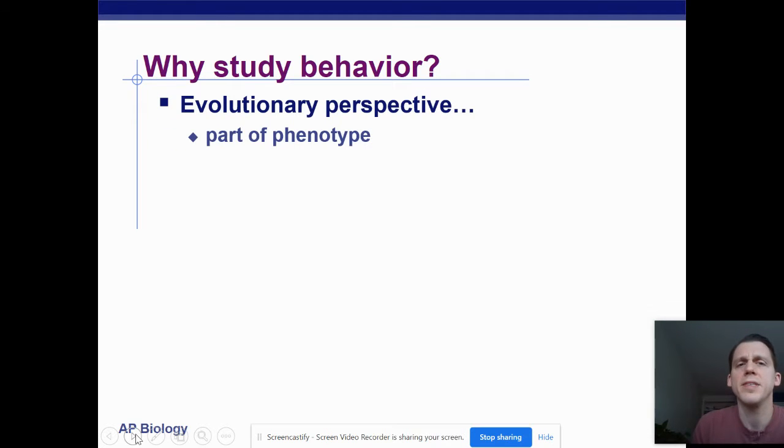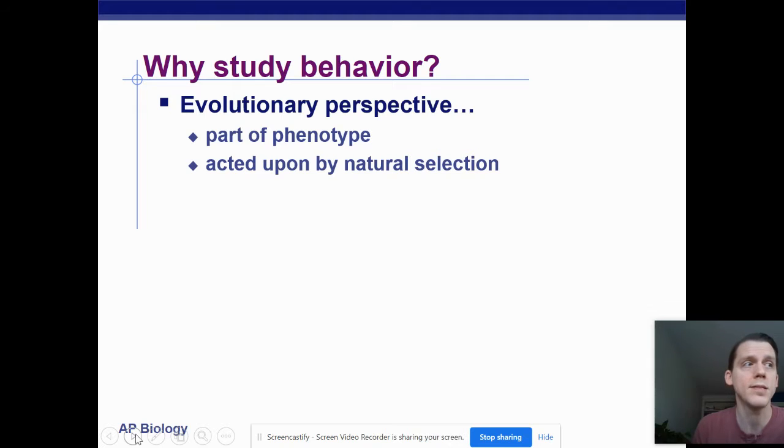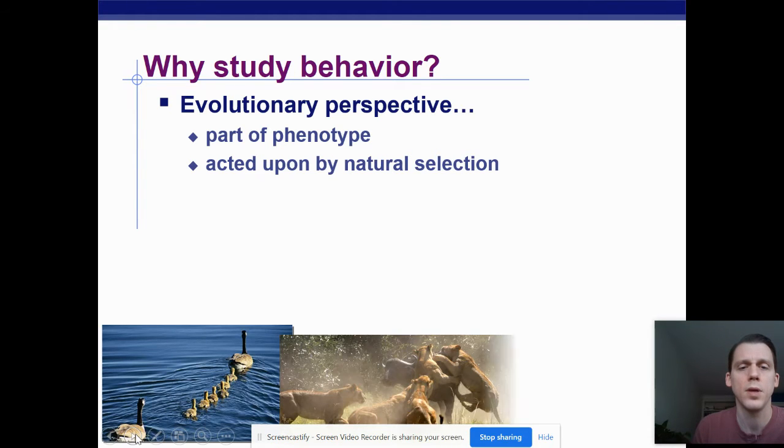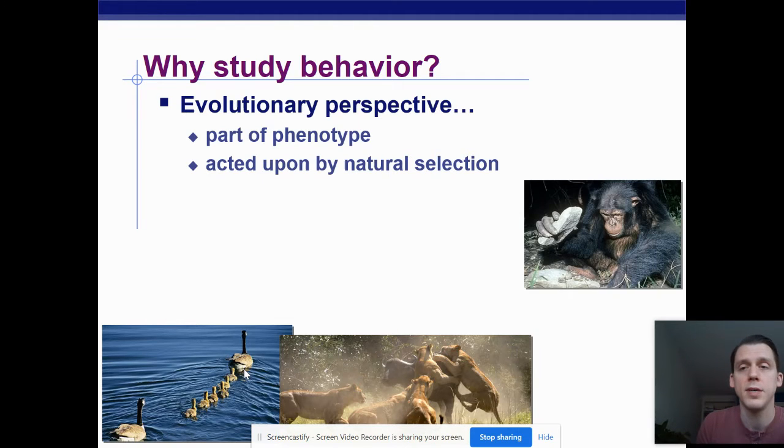So why are we studying behavior? The reason is that behavior is part of an animal's phenotype. Behavior can be selected for or against by natural selection. Here we see behaviors: cooperative hunting. We see imprinting, when baby goslings follow their parents. Learning how to use tools.